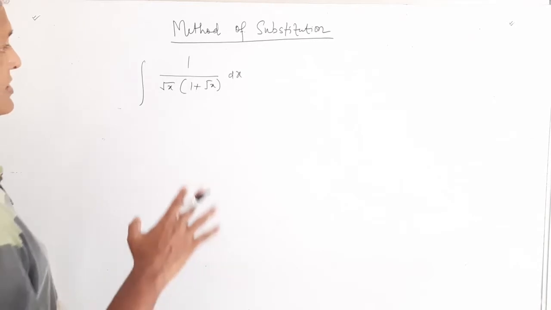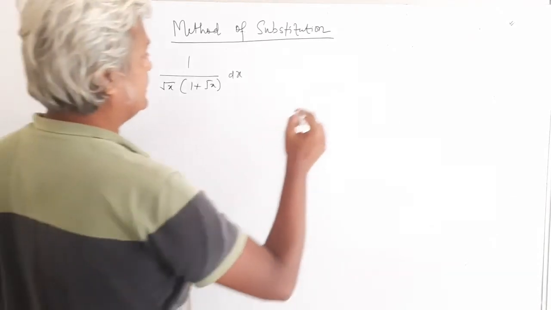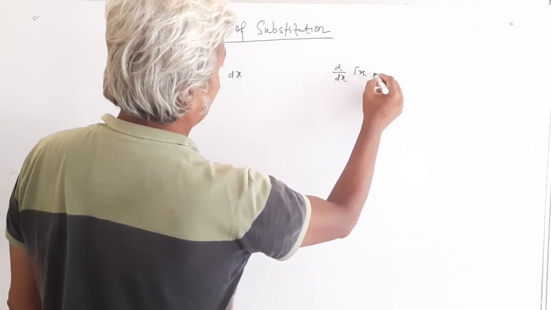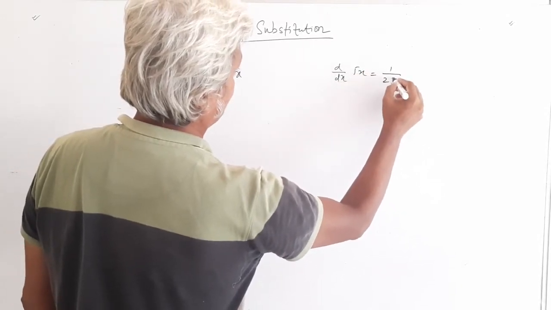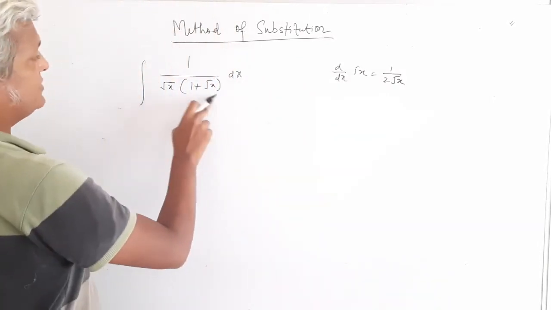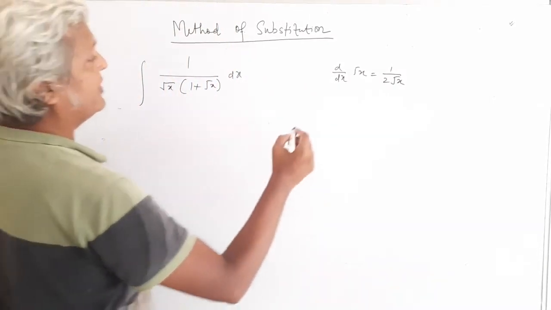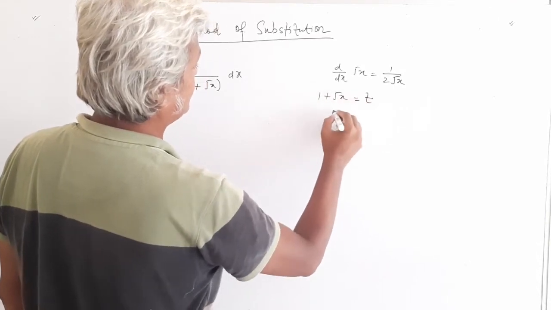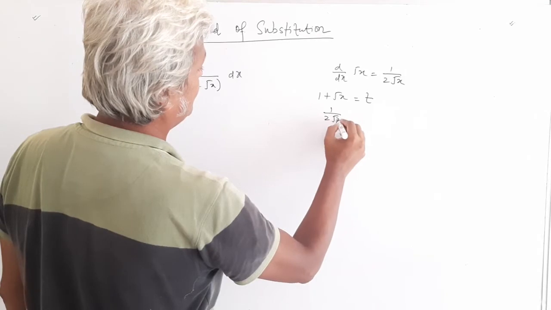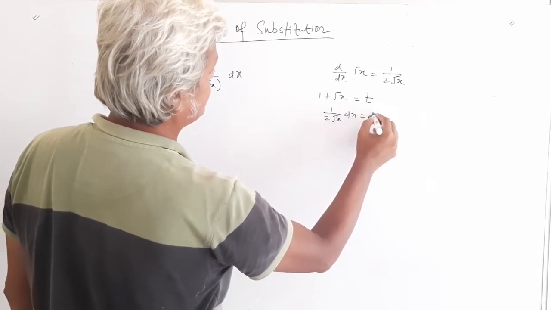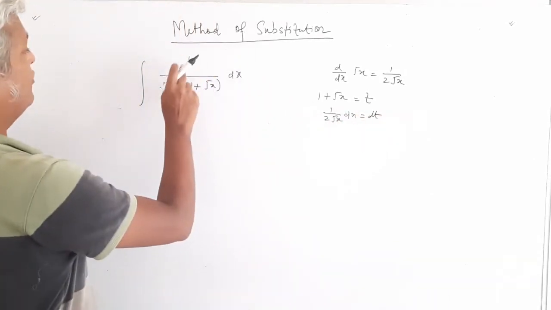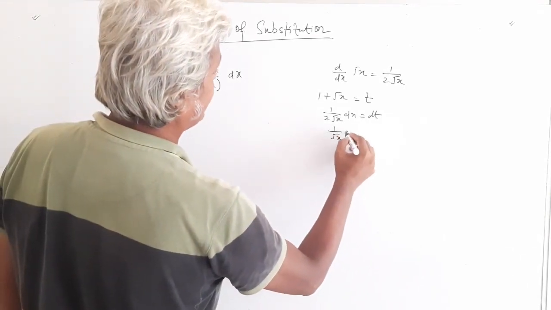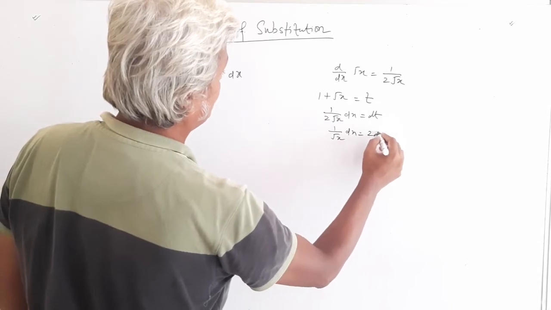But if you are very good in formulas, then you know that the differentiation of root x is 1 over 2 root x. So if you take the whole thing 1 plus root x as t, you find 1 over 2 root x dx equals dt. So 1 over root x dx equals 2 dt.